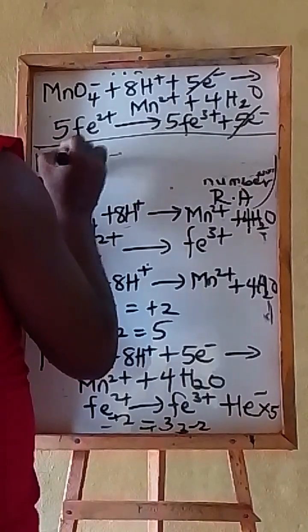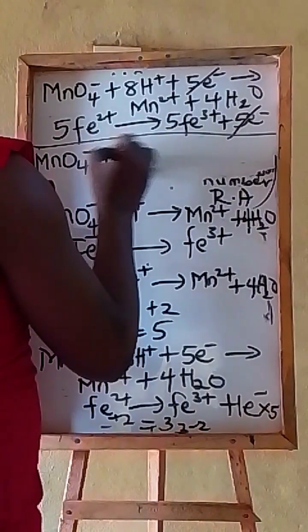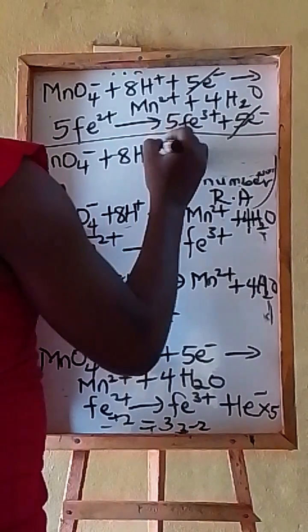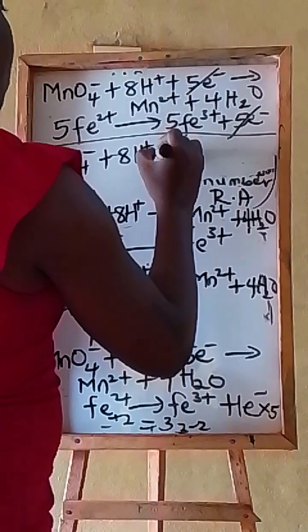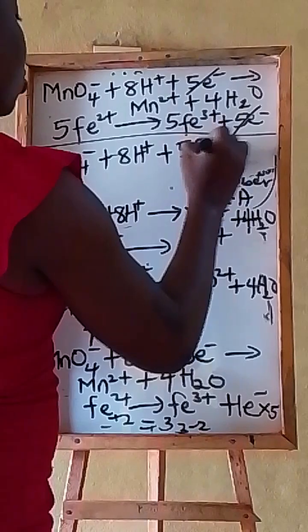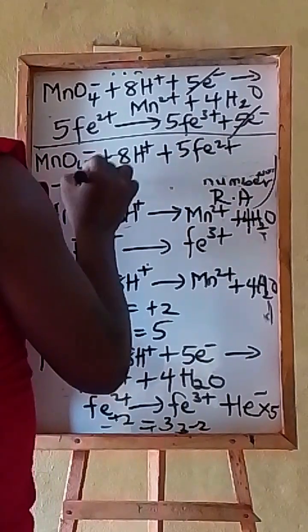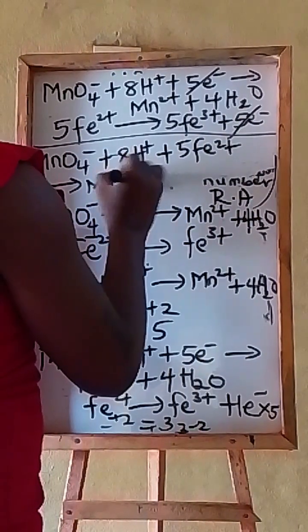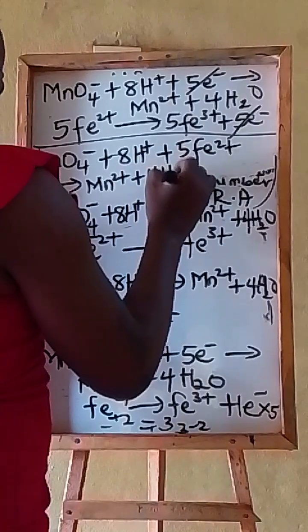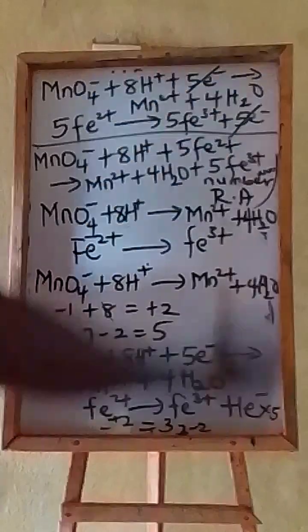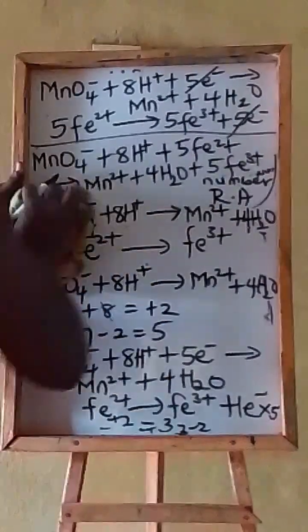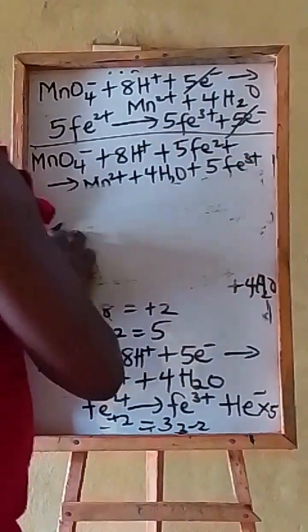So you add up MnO4- plus 8H+ plus 5Fe2+ to give Mn2+ plus 4H2O plus 5Fe3+.